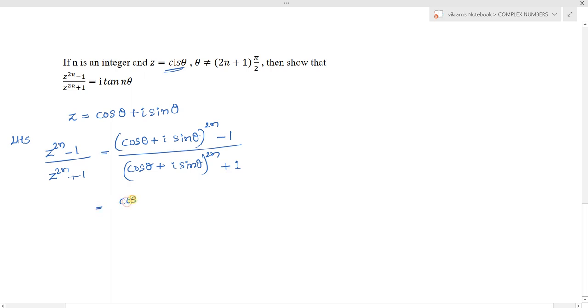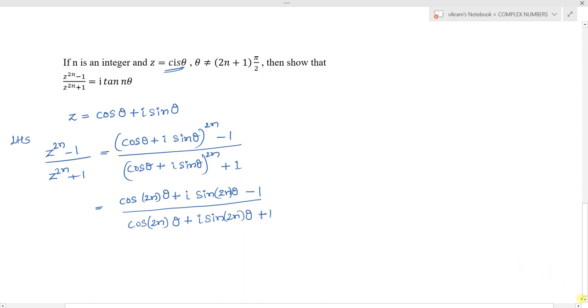So we can write this as cos 2n theta plus i sin 2n theta, minus 1, and the denominator can be written as cos 2n theta plus i sin 2n theta by applying the De Moivre theorem, plus 1.